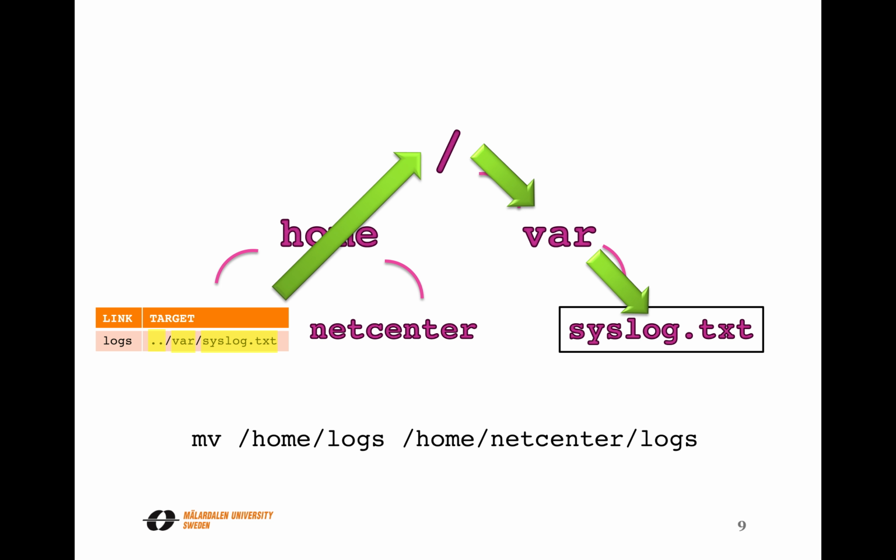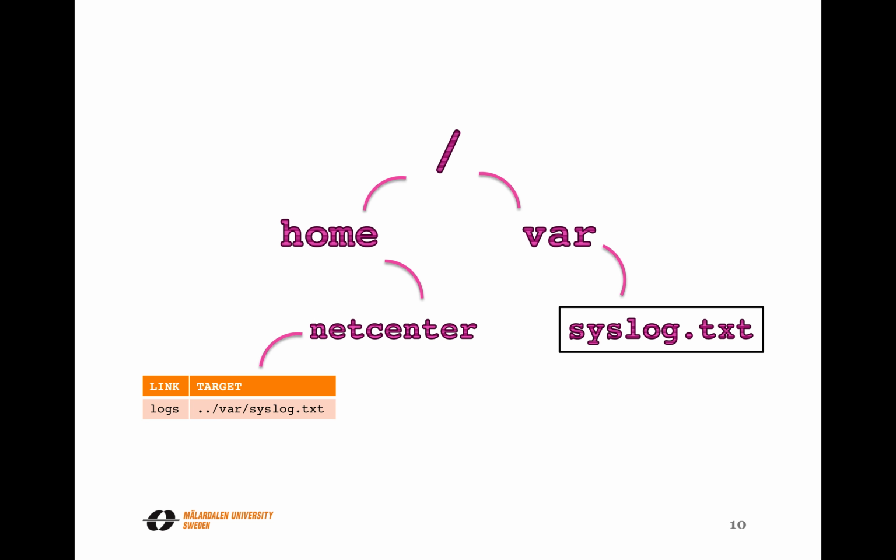But let's say that we move this link into the netcenter folder instead. What will happen? Well, let's try to follow the path again after we move the link. So first it points to the parent directory of the netcenter directory.